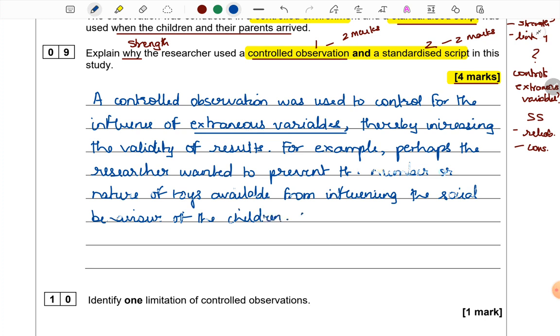A standardized script was used to increase the reliability of findings.